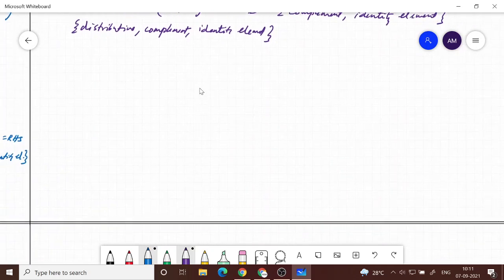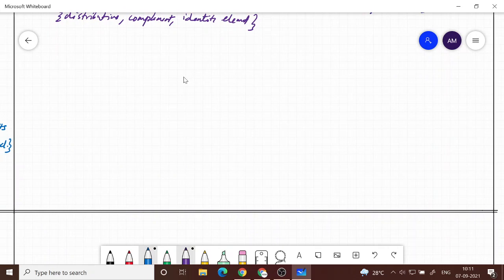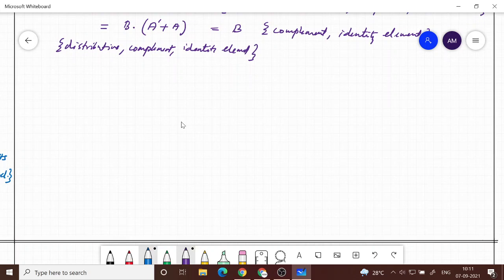So before we go to the systematic method of simplification or finding out the most simplified expression, I would like to say one more thing, that is basically extension of operations to multiple inputs.